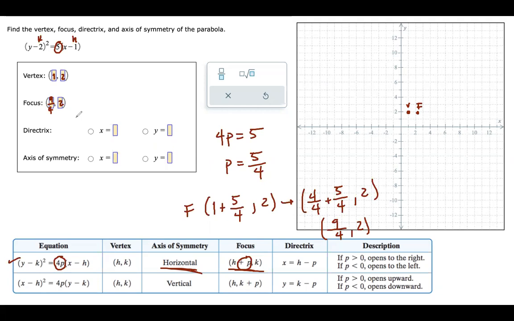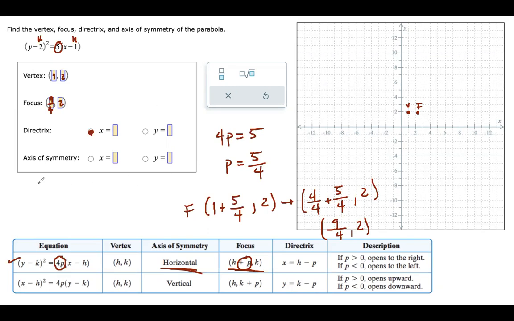And to find the directrix, well, I know that it's going to cross the x-axis, so I'm going to need an x equation. And because this goes in the opposite direction of the vertex, I'm going to subtract p from the position of h. So if h is 1, I'm going to end up with 1 minus a distance of p going to the left.